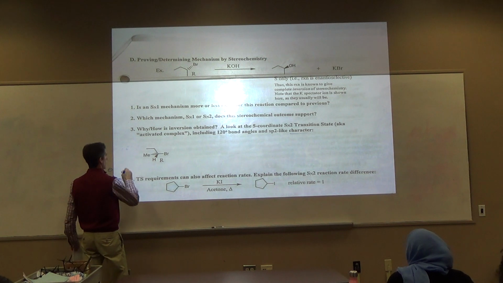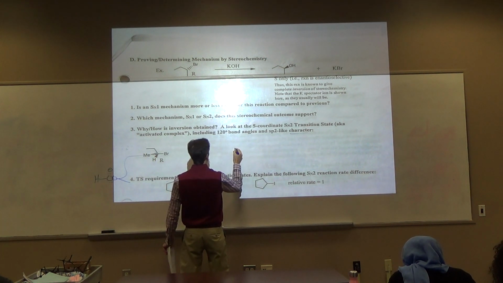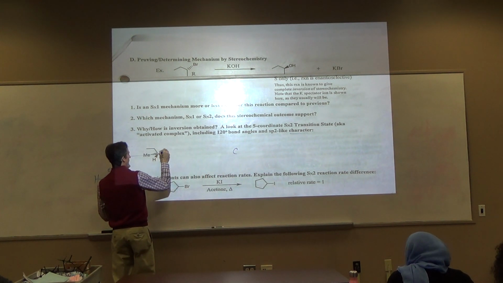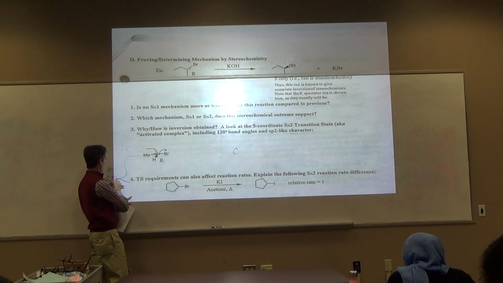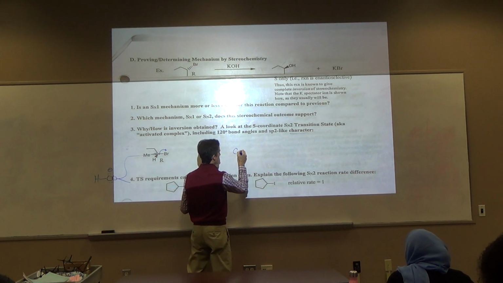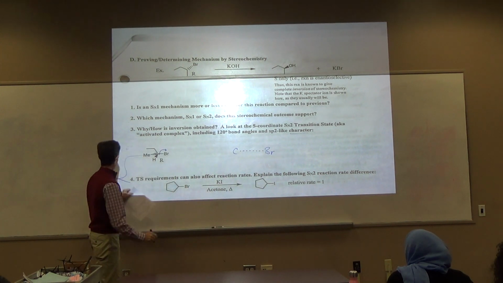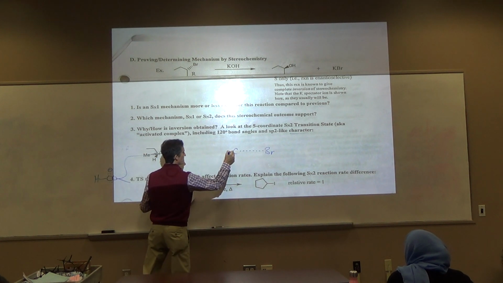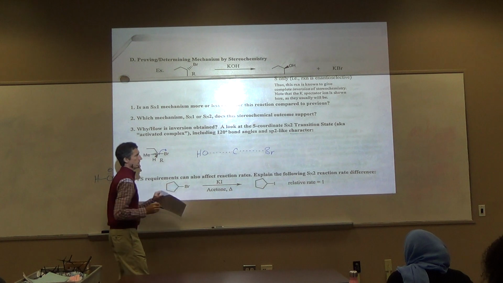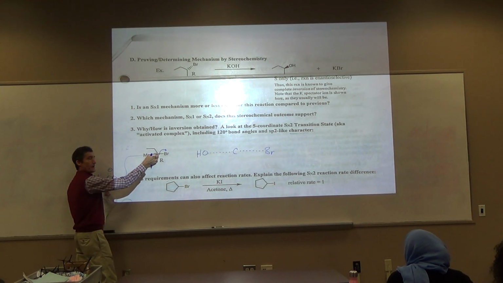Let's see. Draw that carbon. All right, that's sort of full mechanism, but isn't this bond making and isn't that bond breaking? As the bromine breaks, and as the hydroxide forms, sort of like that, this is going from no bond to a bond.